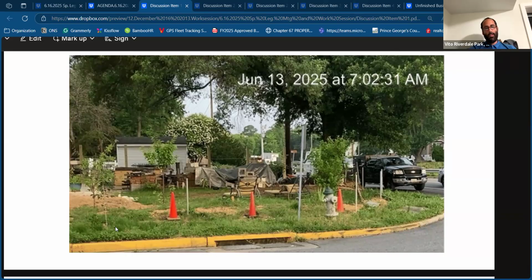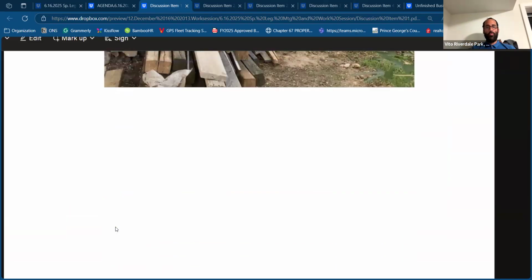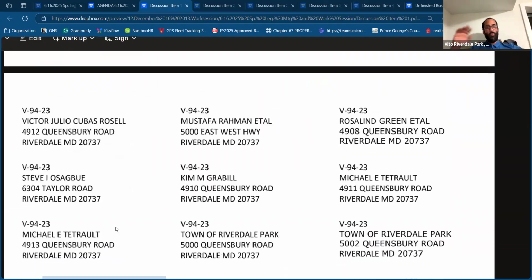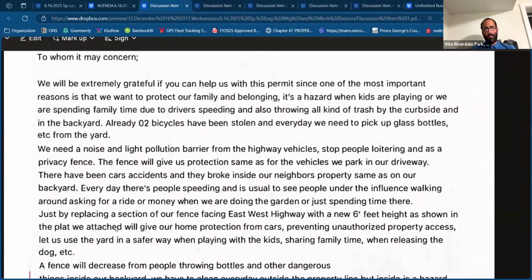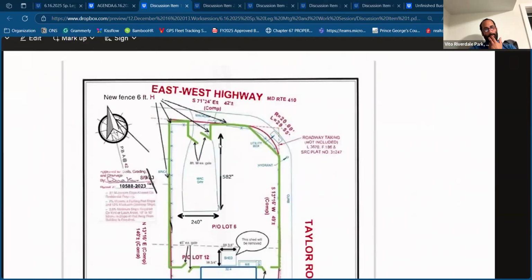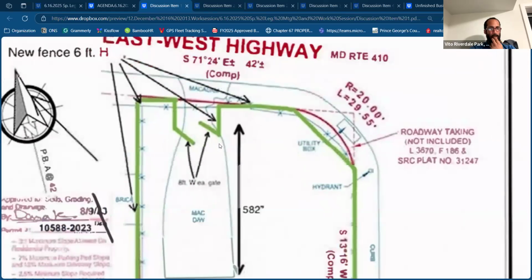That's one section that we need to improve. And like I said, we are 29 feet away from the intersection of Queensberry and Taylor, so there's plenty of space when you park there to see on both sides. There's a light and a stop sign, and if people don't want to respect the stop sign, a fence or not won't stop them from doing whatever they want.